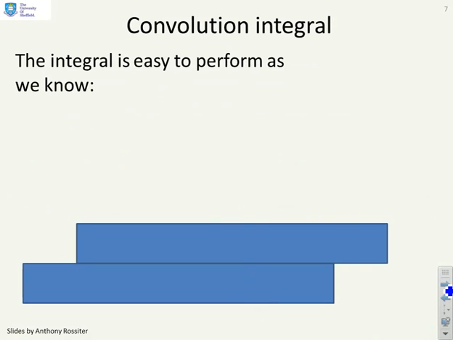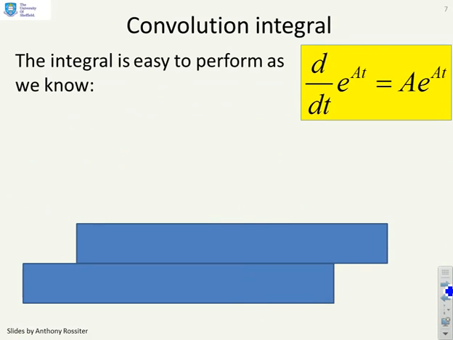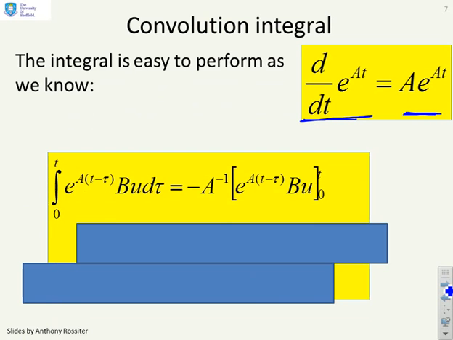Now this integral is relatively easy to perform. So first we remember from the previous video that the derivative of e to the At is A e to the At, and we're going to use that result. Here's the integral that we need to do: the integral between 0 and t, e to the A(t minus τ) Bu dτ.